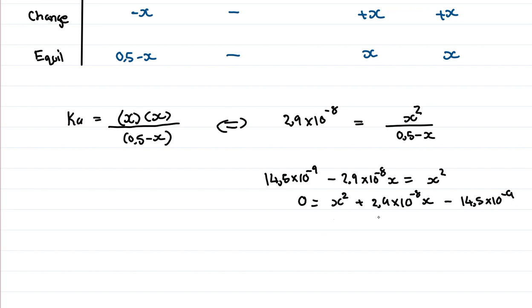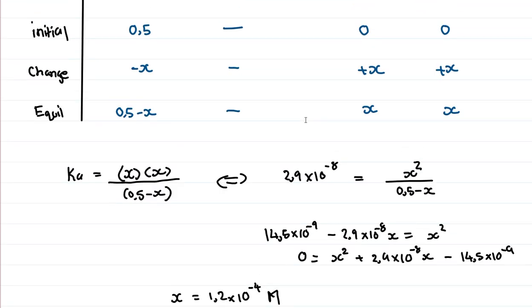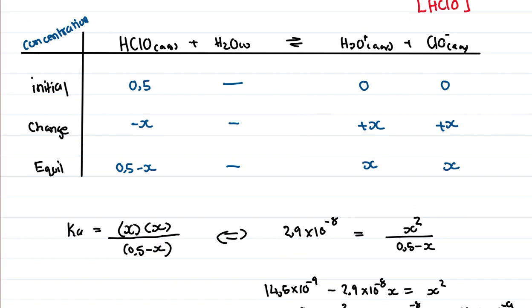So you can plug this into your calculator and get the value for x. The x value that we get is x is equal to 1.2 times 10 to the power of negative 4, and that is the concentration, because x is the equilibrium concentration for hydronium ion.